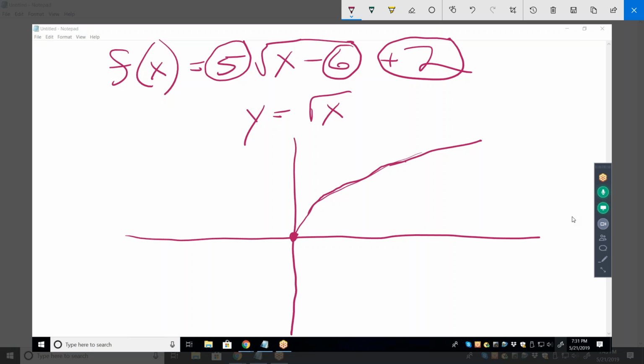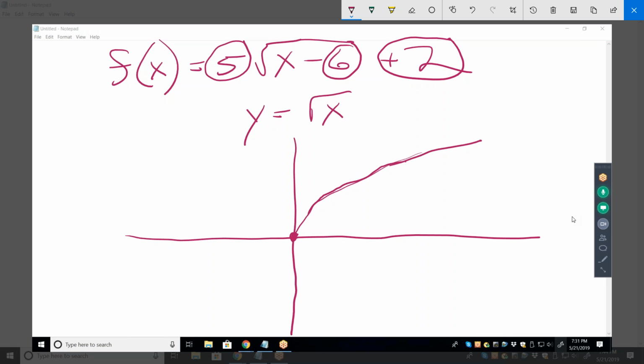I find that it's much easier to memorize them if you do it that way, because there are only 6 transformations. There are 3 horizontal ones and 3 vertical ones. And one of each of those is a reflection. So really the only thing you have are stretches and shifts in the way of transformations that are not reflections.